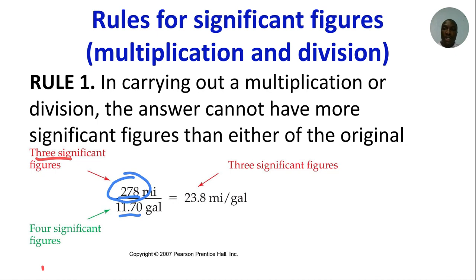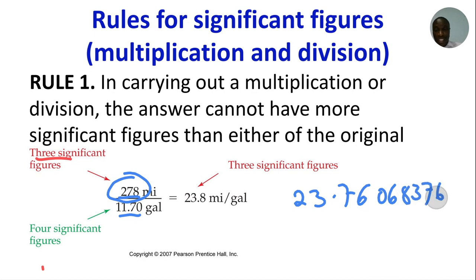So if you get your calculator and divide 278 by 11.70, you find that you're getting an answer like 23.7606837. The number is continuous.